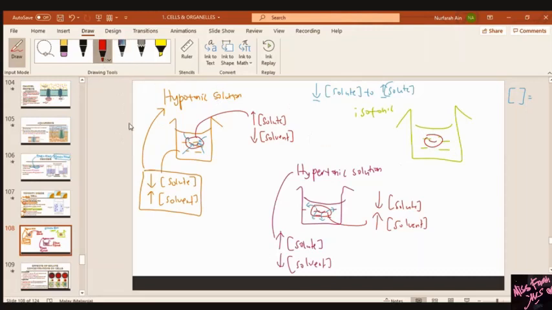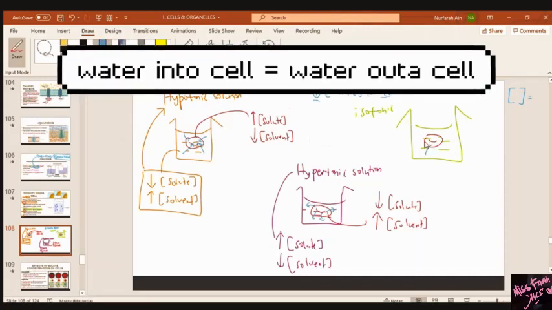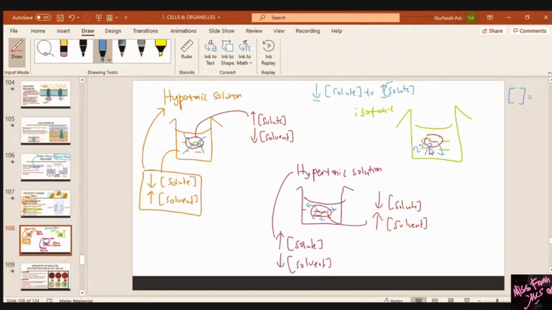The movement of water into the cell and the movement of water out of the cell are actually equal to one another. This is just a silly example: if 2 ml of water diffuse into the cell and 2 ml of water diffuse out of the cell, they cancel one another, as though there's no net movement. So they are in equilibrium. This is an isotonic solution, and this is the implication.